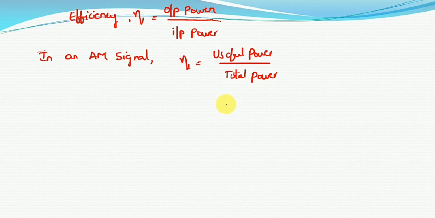So the power that is associated with the upper sideband and lower sideband, we are calling it a useful power. So for an AM signal, the useful power is sideband power, which carries the message signal information, whereas the total power or the input power is PT, which consists of both sideband power and also the carrier signal power.